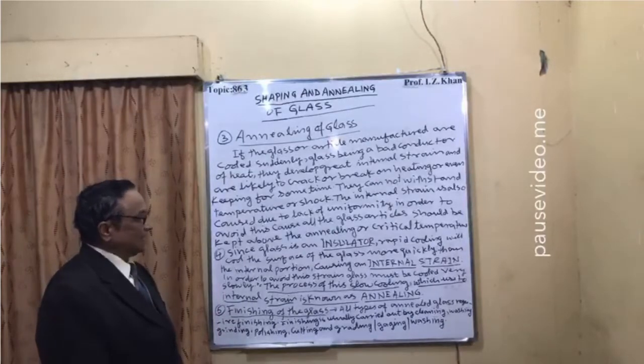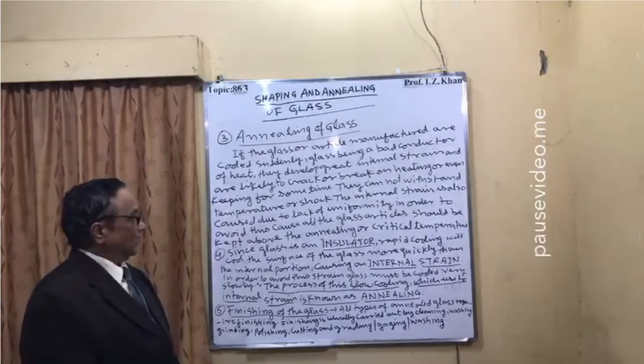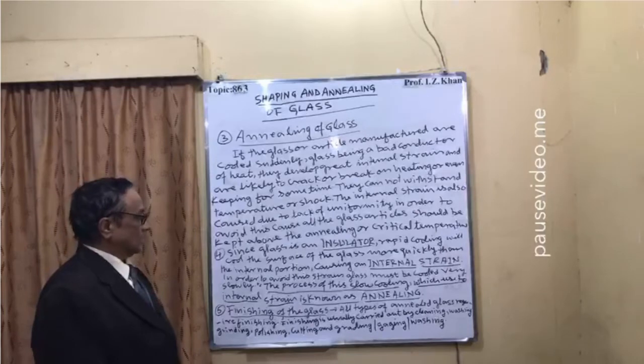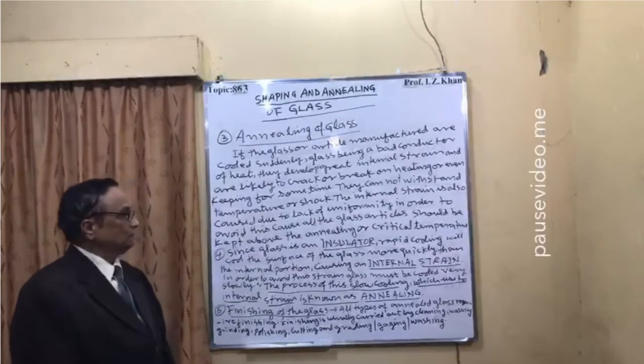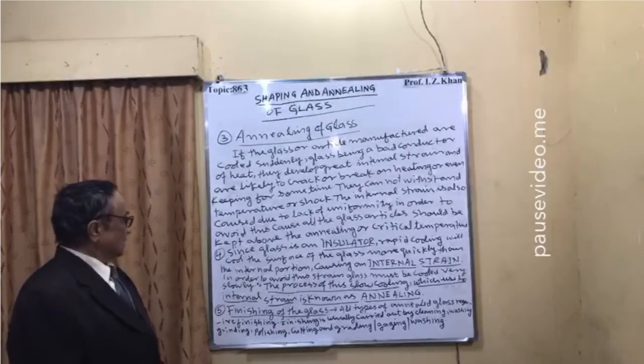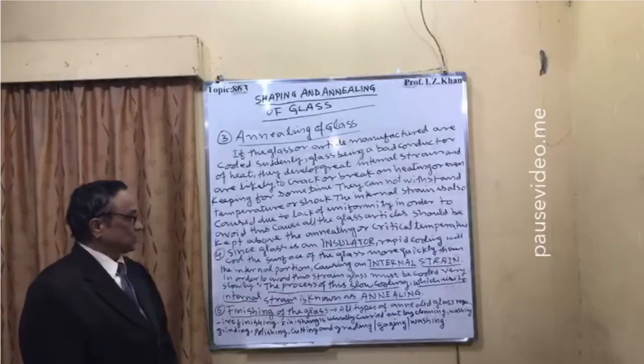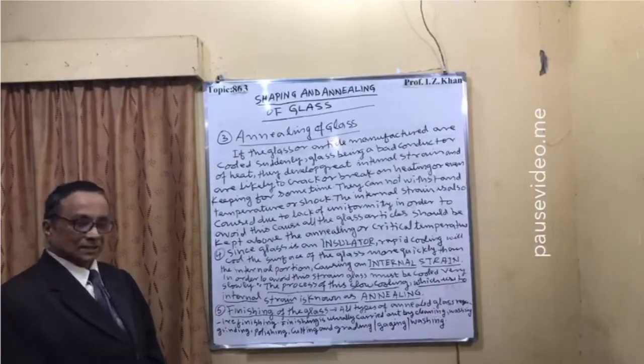Number four. Since glass is an insulator, rapid cooling will cool the surface of the glass more quickly than the internal portion, causing an internal strain.